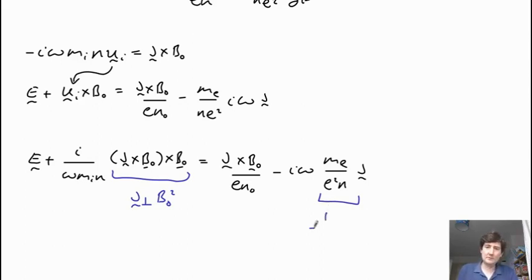So this we write as 1 over Pi_e, the electron plasma frequency, times epsilon naught, where Pi_e squared is n e squared over m_e, and here we have an epsilon naught.